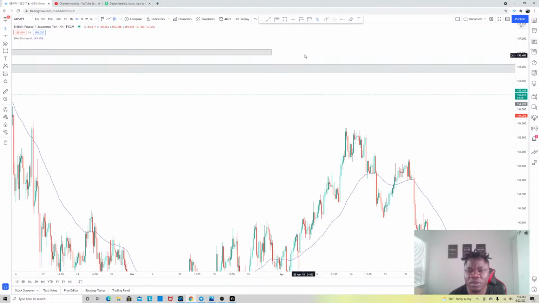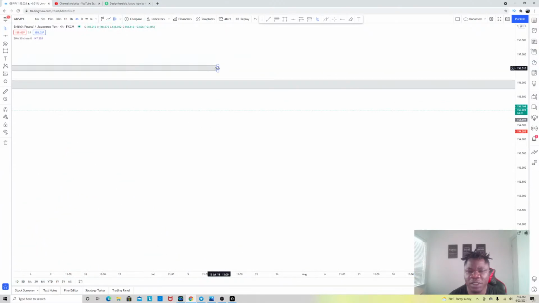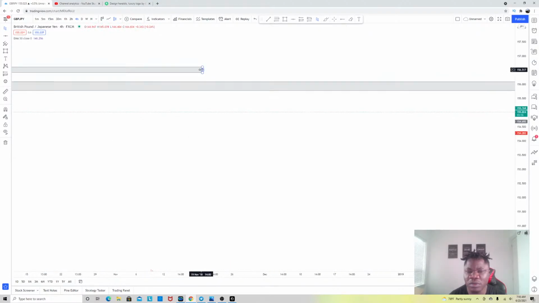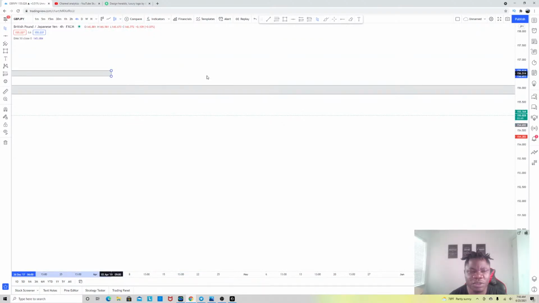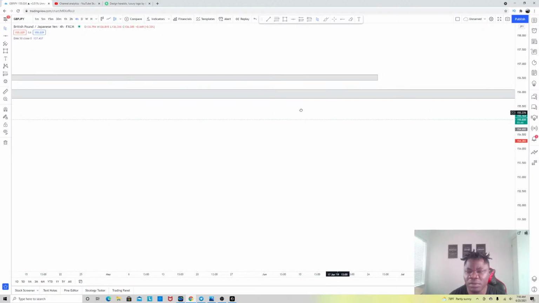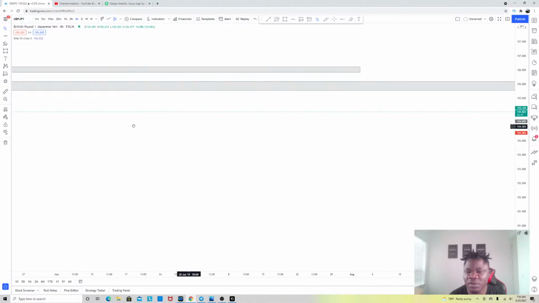All right. Just marking that resistance zone right there at the top. That's another zone right there that price could potentially get to if price continues going bullish.